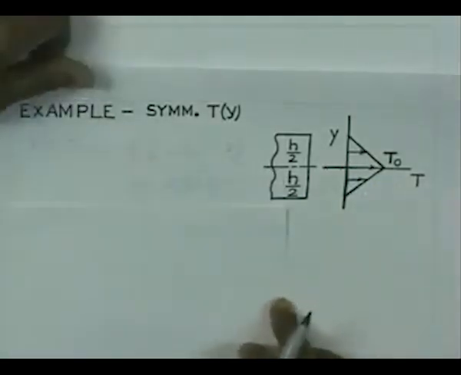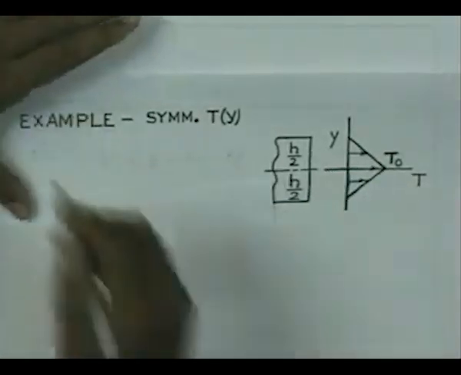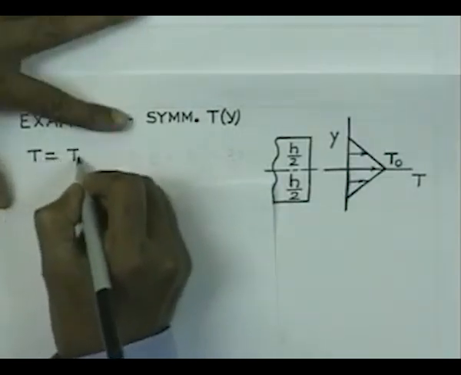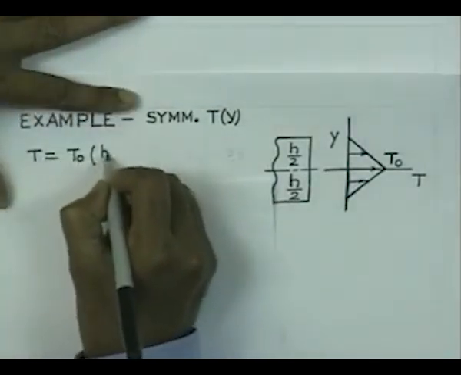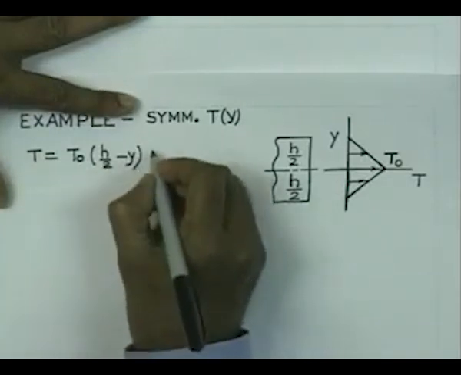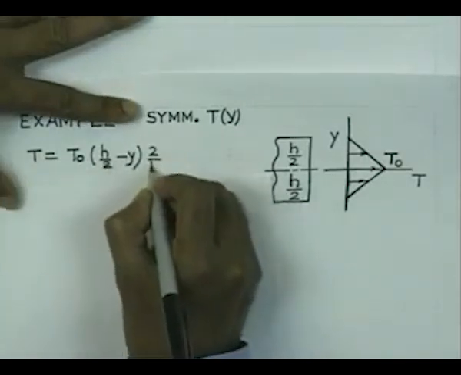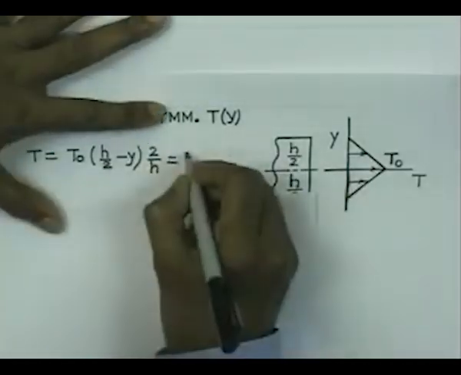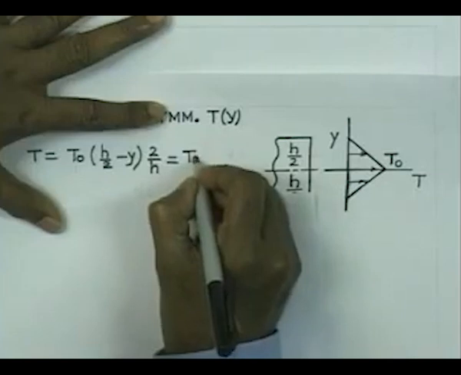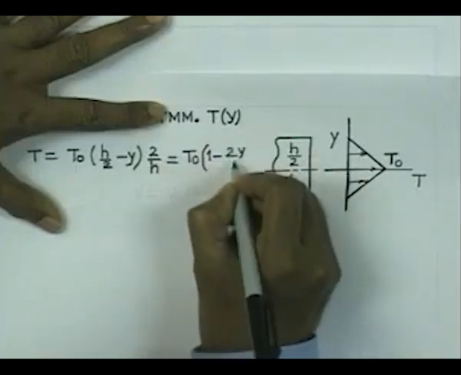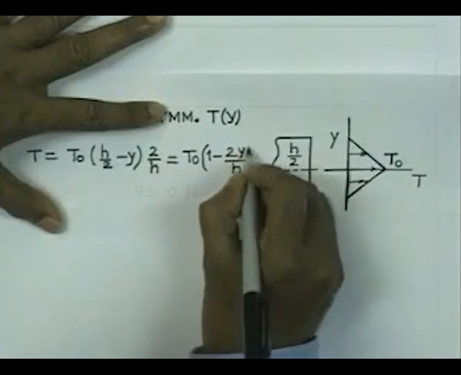So, therefore, we can write now that this temperature variation is nothing but T0 into h by 2 minus y times 2 by h, which is nothing but T0 into 1 minus 2y by h.